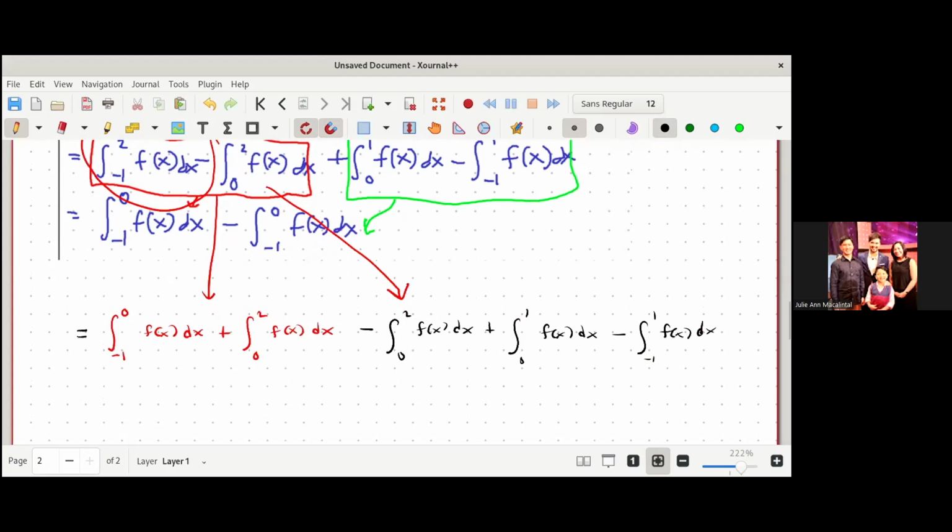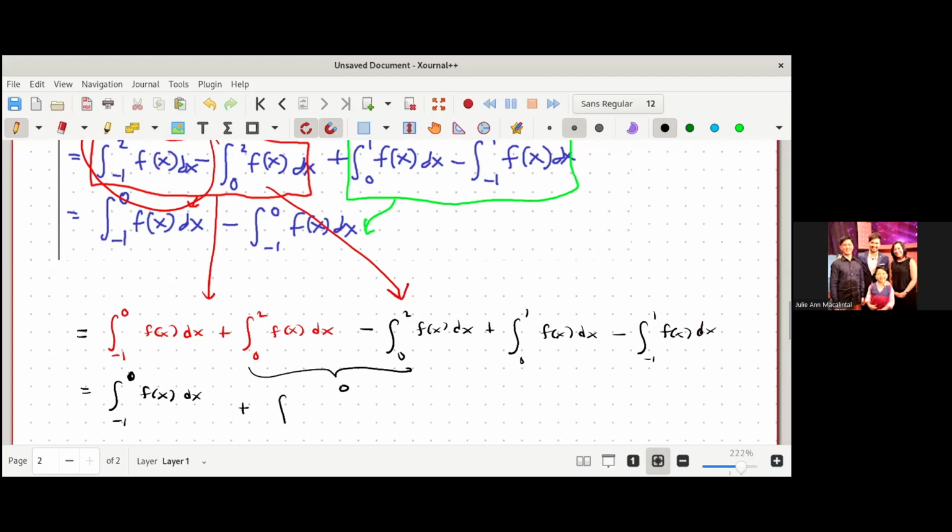Ngayon, magfo-focus naman ako dito sa part na to. So ito, I'm not going to use a theorem. Gagamit lang ako ng simpleng addition and subtraction. So ito, magka-cancel. That's 0.